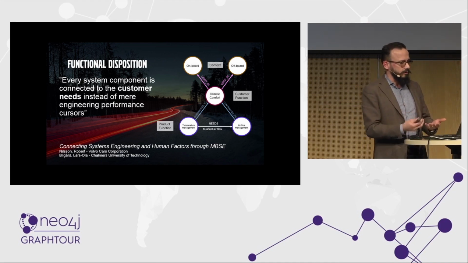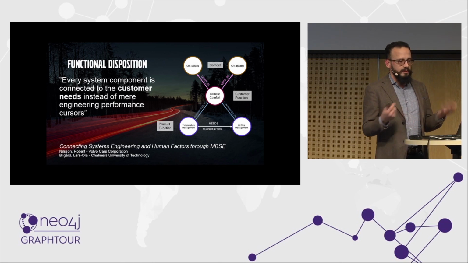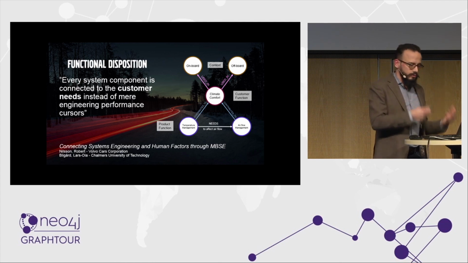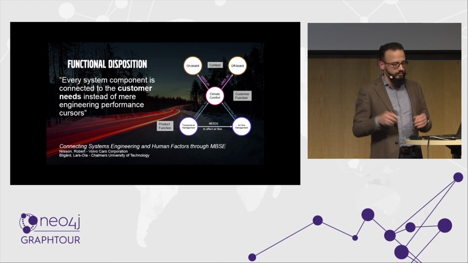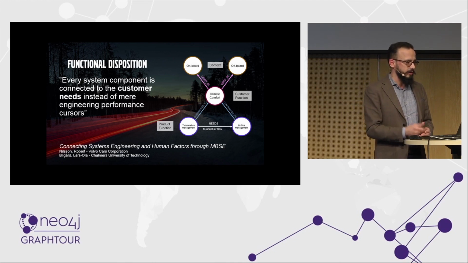And climate comfort in the car can be achieved in different contexts: when you're sitting in your car, or maybe when you're having your breakfast before going to work. So depending on the usage context, the solution to deliver this customer need, climate comfort, at the product level might be different.